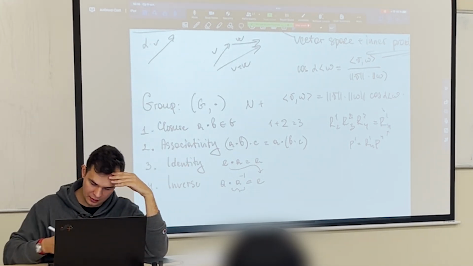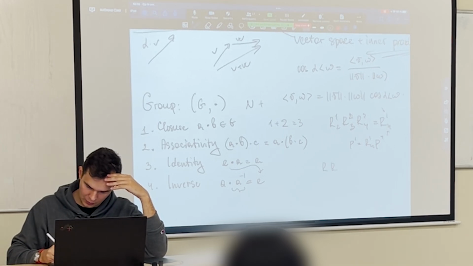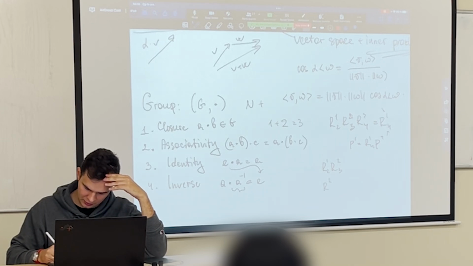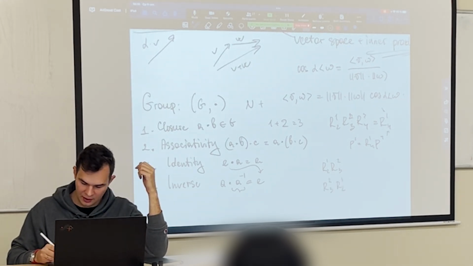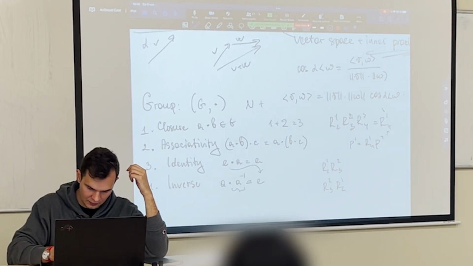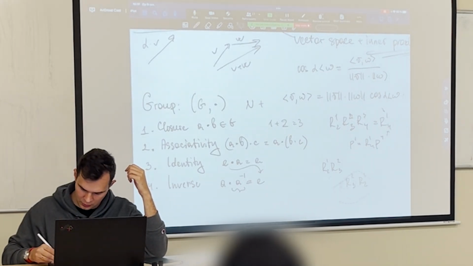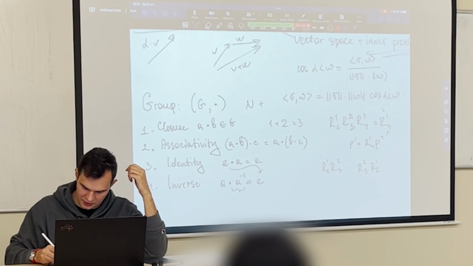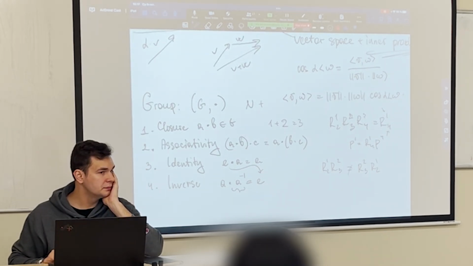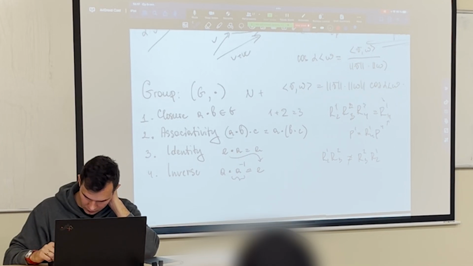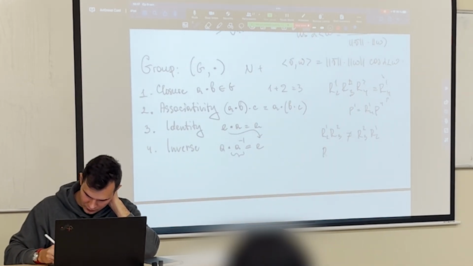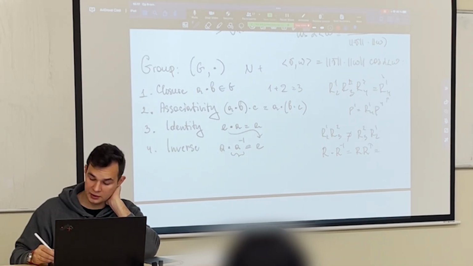I mean, multiplying them in different orders will give you different results. It is not the same. And if you take R and multiply it with the inverse, it will be the same as the transpose, and it will equal identity, right?